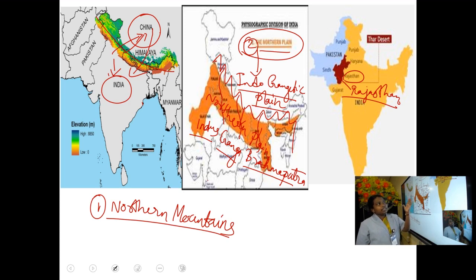And the desert receives very little rainfall, so only a few plants grow in a desert. And you know, we have a river which flows through this Thar Desert. Do you know the name of that river? It's called Luni, River Luni.